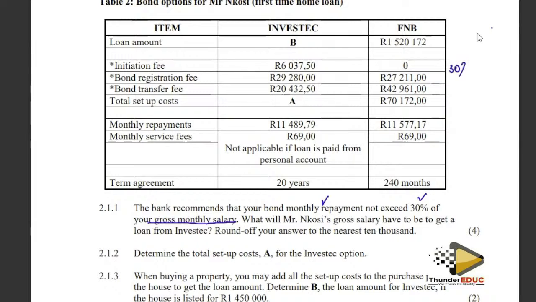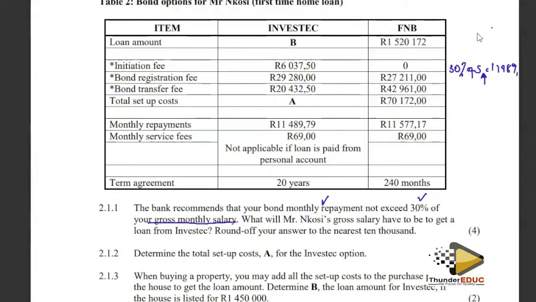So 30% of your salary should equal the Investec monthly repayment, which is 11,489 rand 79 cents. So we are looking for this unknown number here. 30% of this should equal to this much.